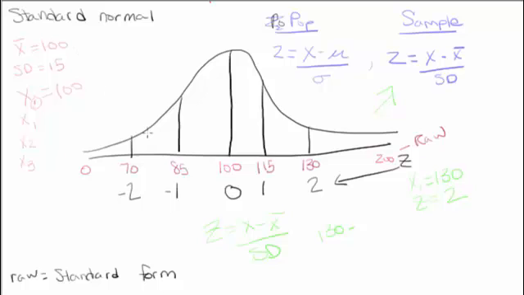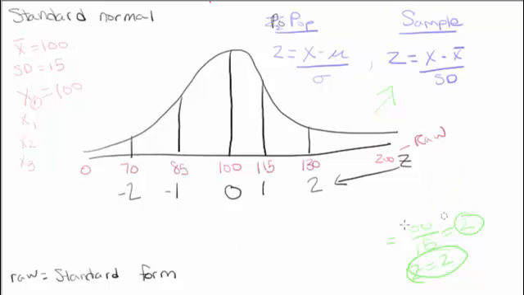We look up here, the mean's 100, divided by the standard deviation, 15. 130 minus 100 gives us 30 over 15. Our z is in fact 2. So z equals 2 there. That's kind of the straightforward way to do this. And that is the basics of the standard normal distribution, the z distribution.